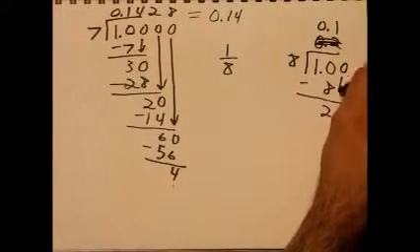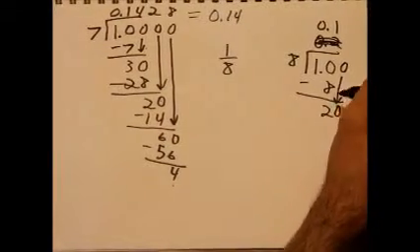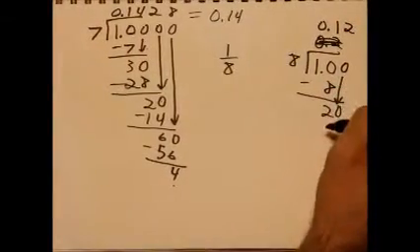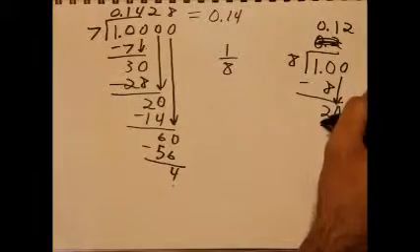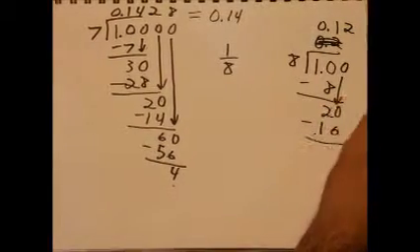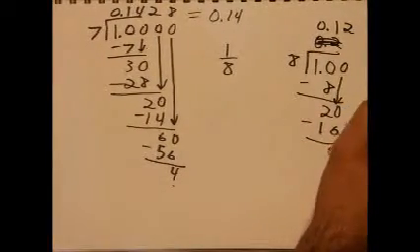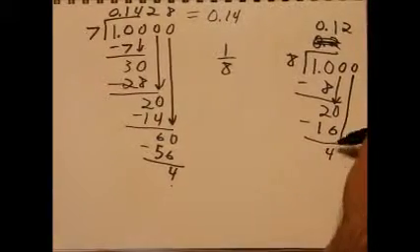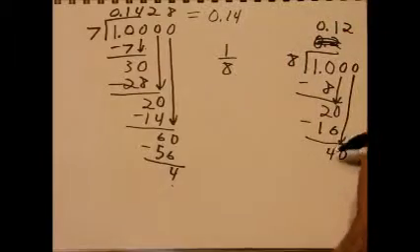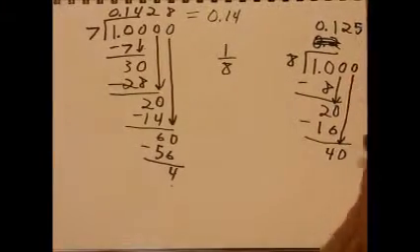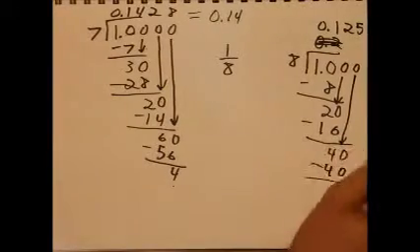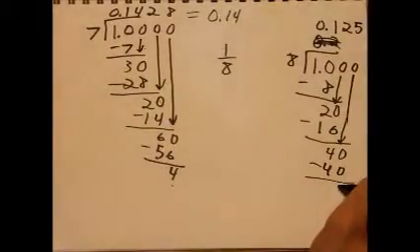We'll add a 0. 8 will go into 20 2 times. 8 times 2 is 16. 20 minus 16, as we know, is 4. Another 0. 8 will go into 40 5 times. 8 times 5 is 40. 40 minus 40, as we know, is 0.